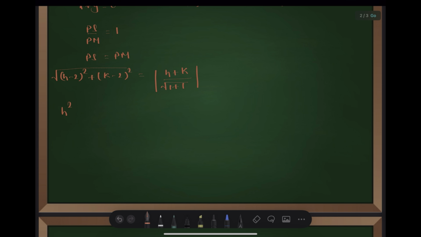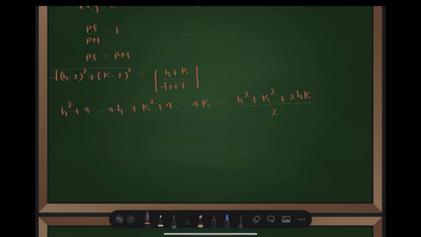So we will have h squared plus 4 minus 4h plus k squared plus 4 minus 4k is equal to h squared plus k squared plus 2hk upon 2.